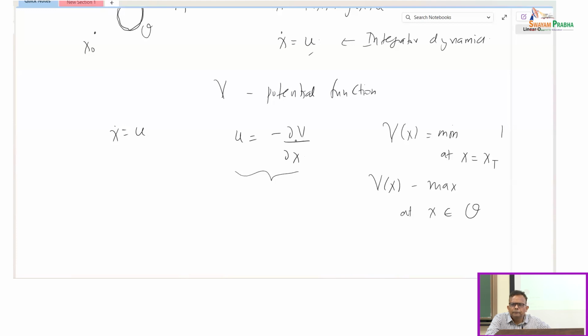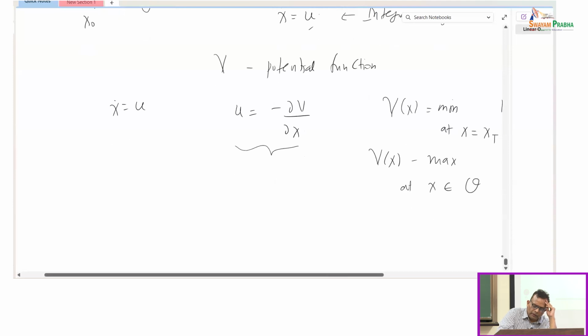Now, yesterday I gave you this dual way of looking at this problem, which has to do with the density.